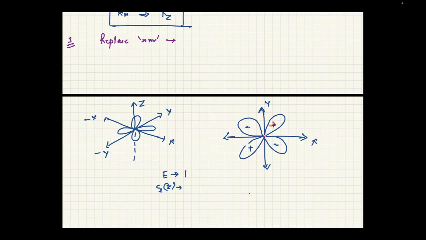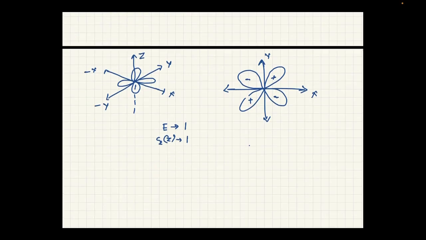Then this plus will come here, and this minus will also come here. So this generates an indistinguishable conformation, that means the character will be 1 here.